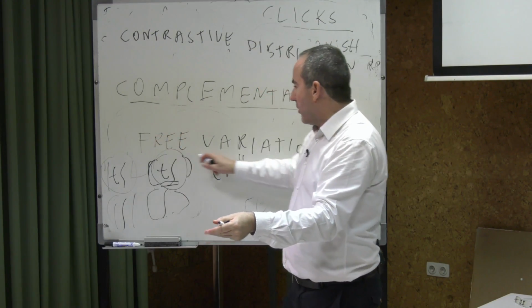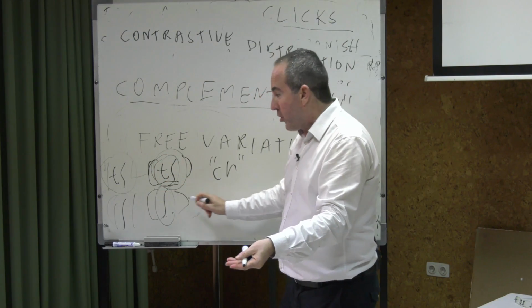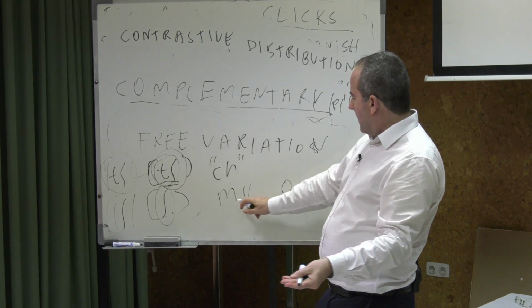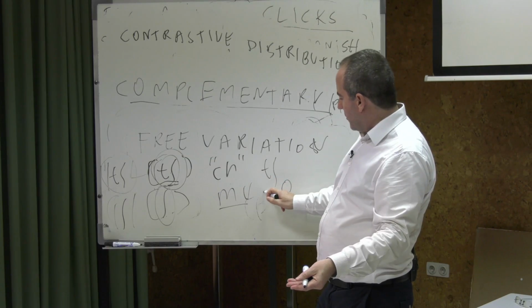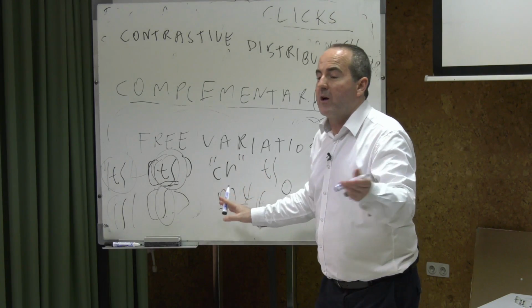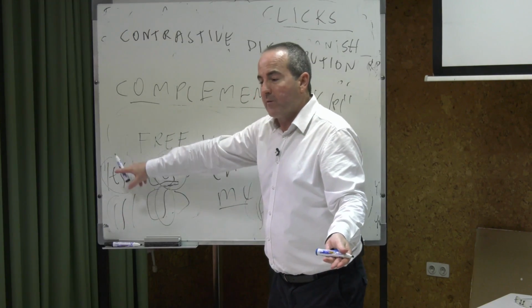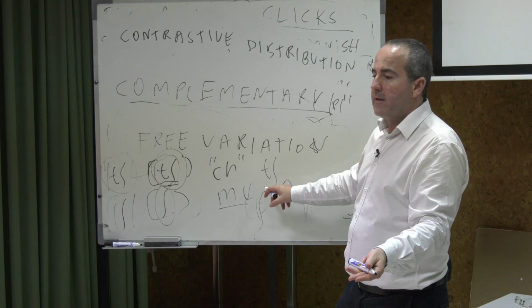And this is what we call free variation. You have the two sounds in the same context, because in this context in Spanish, if you put ch or you put sh, you are saying the same word. In English, no. In English, you would have two different words. Okay? In Spanish, they are the same word.